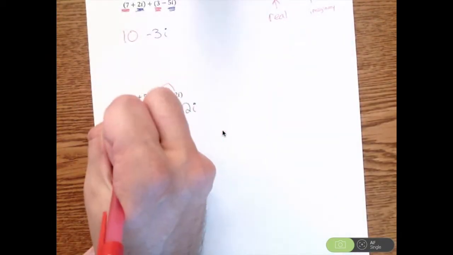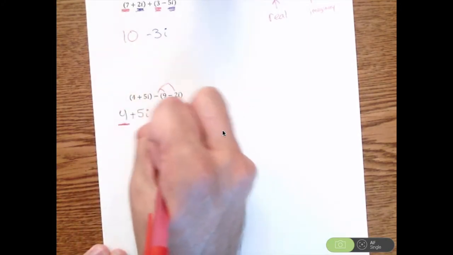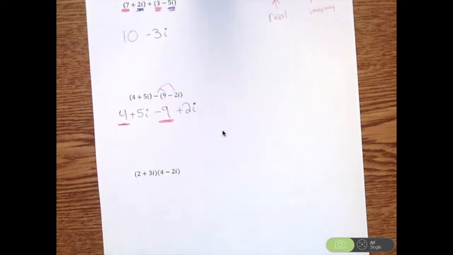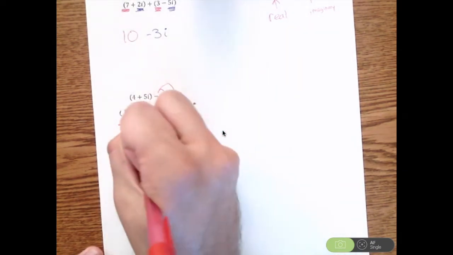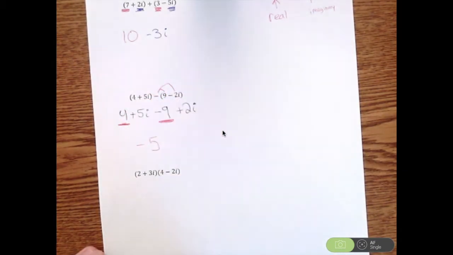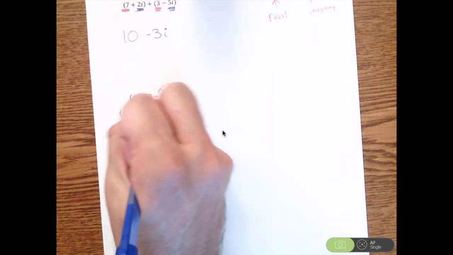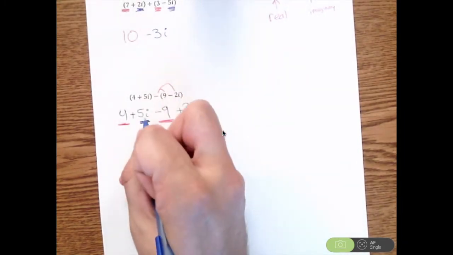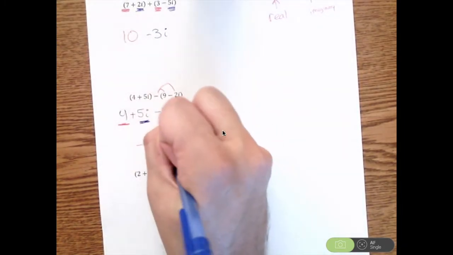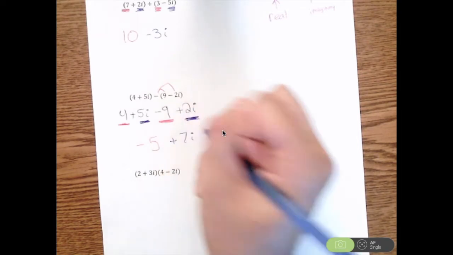My real number 4 and my real number negative 9 combine: 4 minus 9 is negative 5. Then for the imaginary part, I have 5i plus 2i, which is 7i.